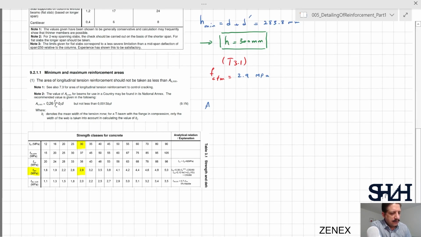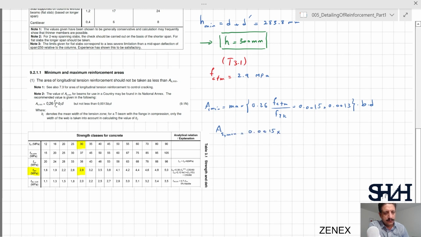Then we can calculate AS minimum, which is the maximum of, as far as B and D are the same, I will write it down, 0.26 FCTM over FYK, which is 0.26 multiplied by 2.9 divided by 500, 0.0015, and 0.0013 times BD. As a result, AS minimum will be 0.0015 times B times D.